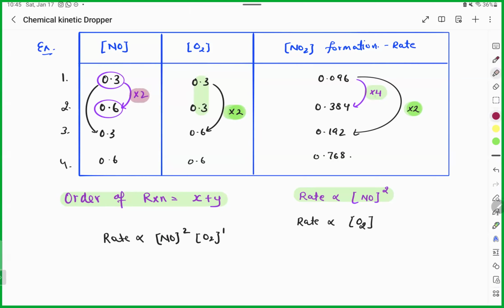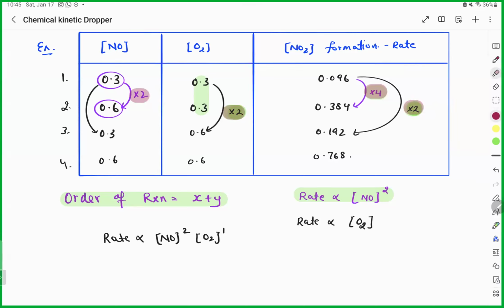If it is double, what is the impact on this? 4 times, raised to power 2. Keep another value constant, 0.3, 0.3. If you make it double, then it will also become double. So directly proportional. Correct, done. That's how you compare.